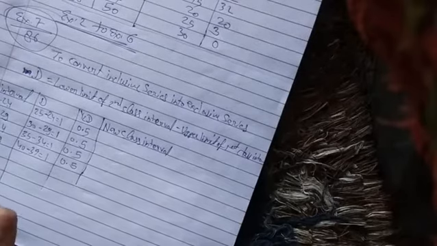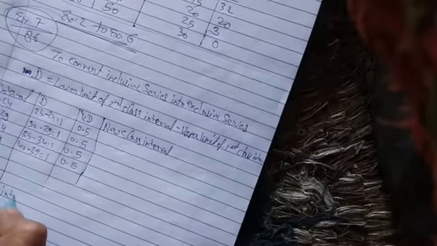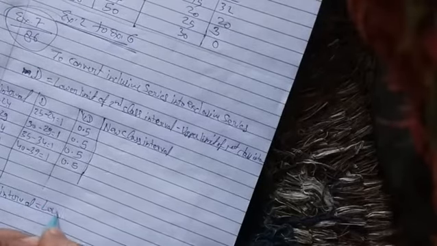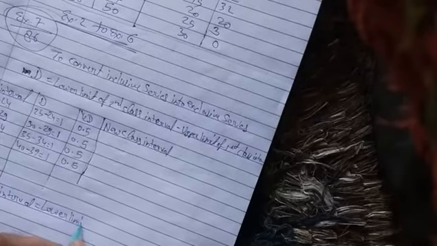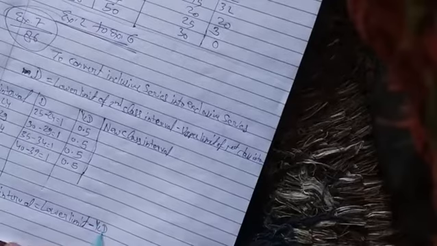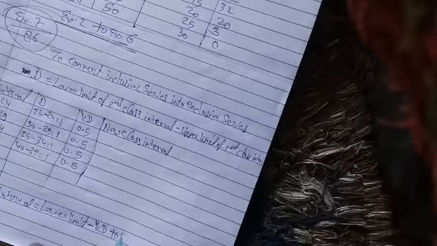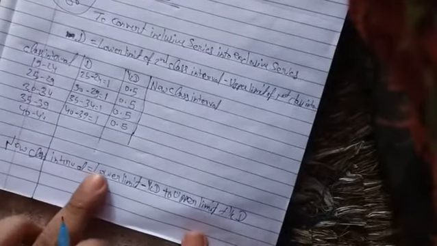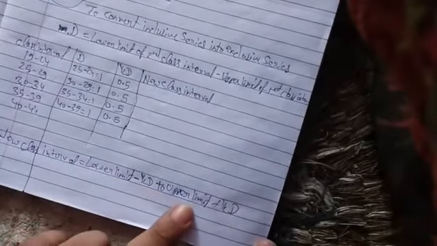New class interval is equal to lower limit minus half of D, to upper limit plus half of D. That is lower limit minus half of D to upper limit plus half of D.